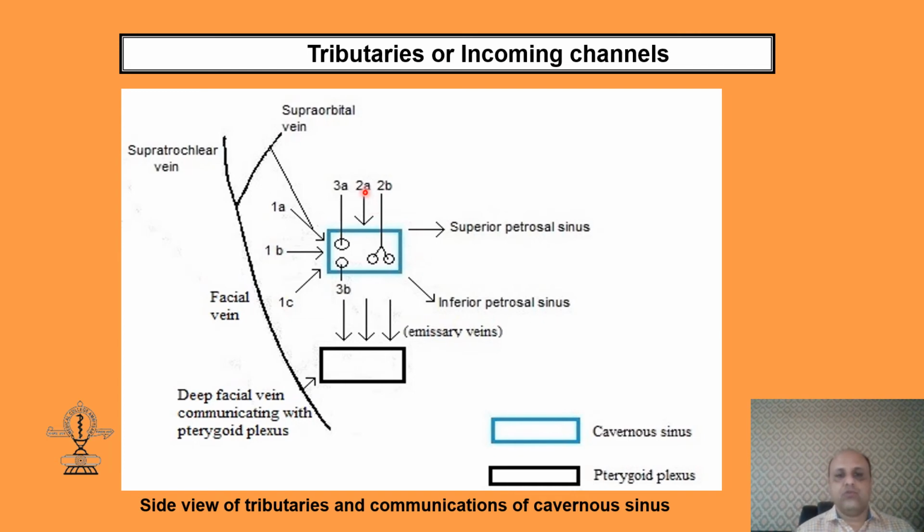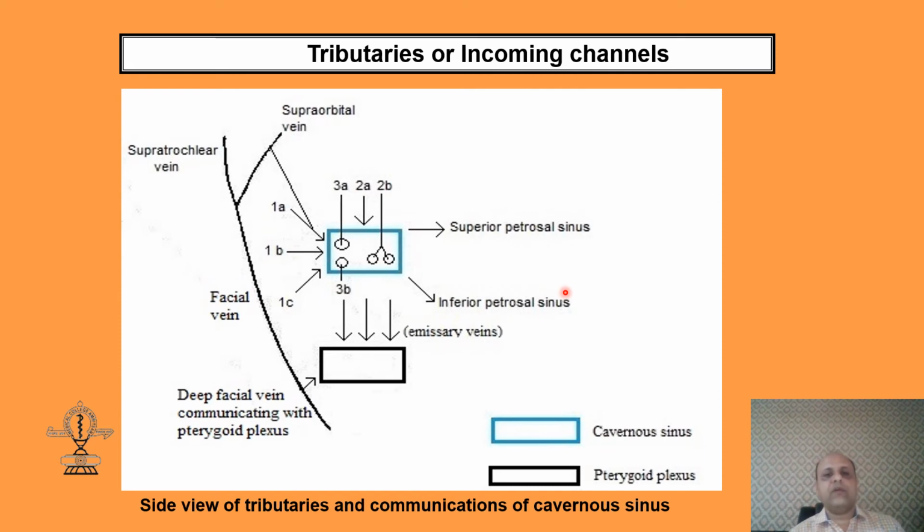So we have got this 2A, 2B, 2B is representing the inferior cerebral veins. 3A is representing the sphenoparietal sinus, and 3B is representing the frontal trunk of middle meningeal vein from the meninges. And 2A, what does the 2A represent? It represents the superficial middle cerebral vein.